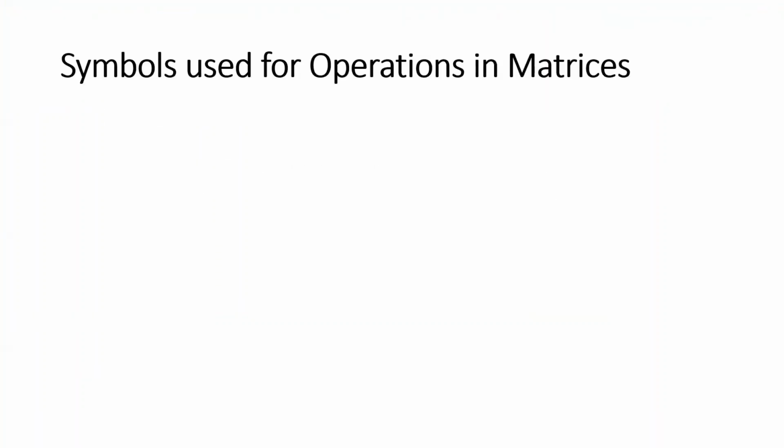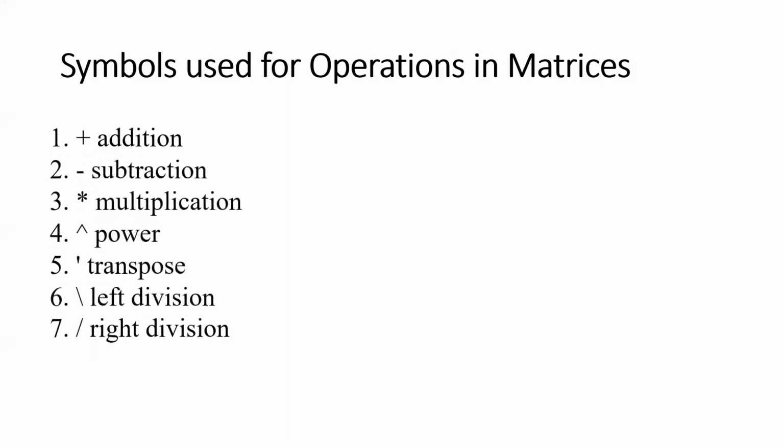What are the basic symbols used for operations on matrices? Very first here: plus is addition, minus is subtraction, the star asterisk mark in the computer is for multiplication, the up arrow mark represents the power, the single inverted comma represents the transpose, and left division and right division are as per the slashes there.